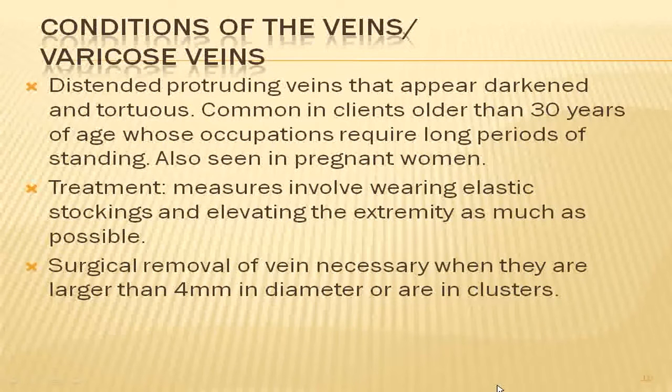So we've talked about the arteries. We've talked about peripheral artery disease, Buerger's disease, Raynaud's disease, acute arterial occlusion. One thing you may want to do when you're preparing for this exam, make yourself a chart and put your clinical manifestations, put your nursing interventions, put your signs and symptoms.